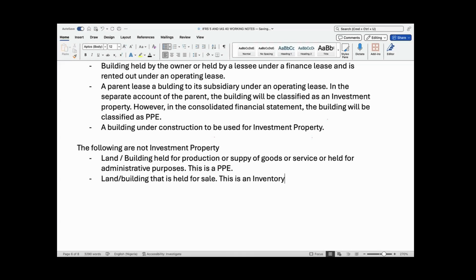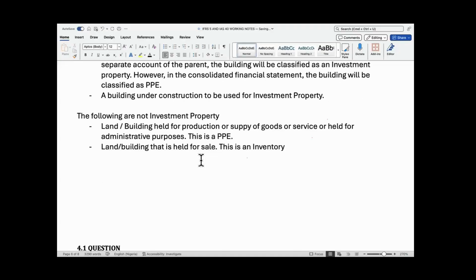Now, when you have an investment property in your books, you need to understand that there could be a partial use of an investment property.